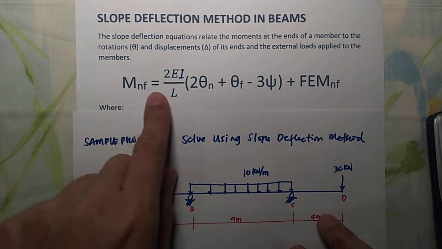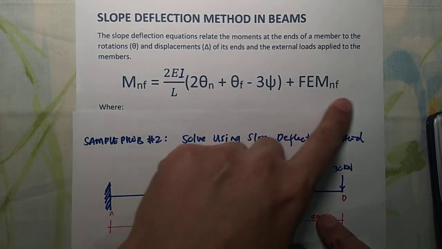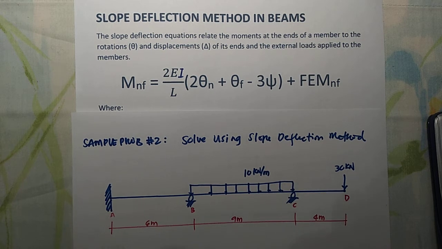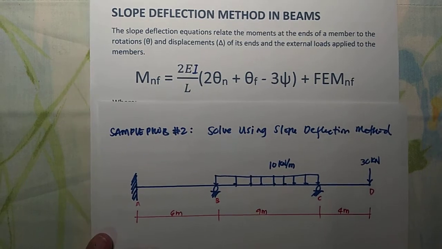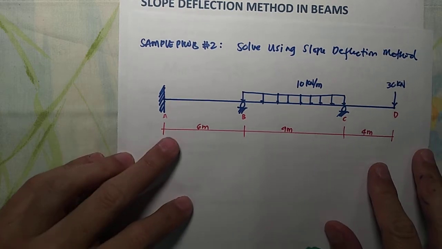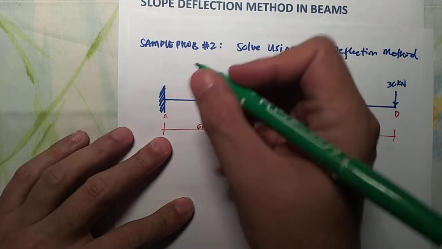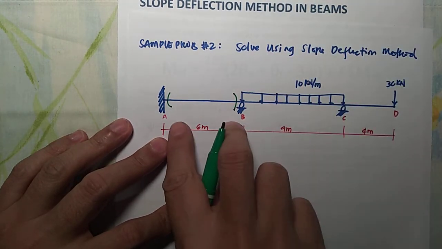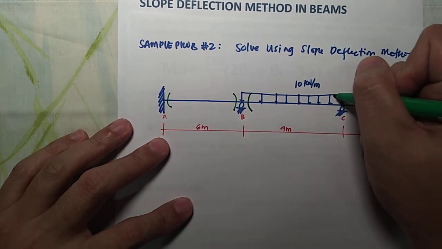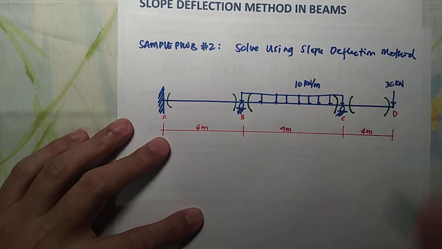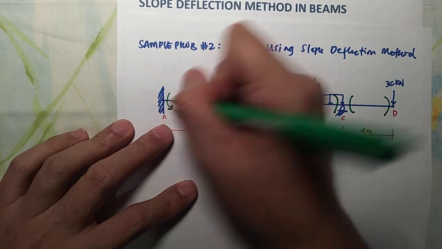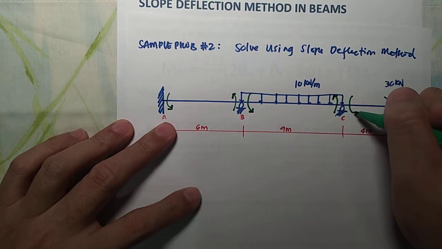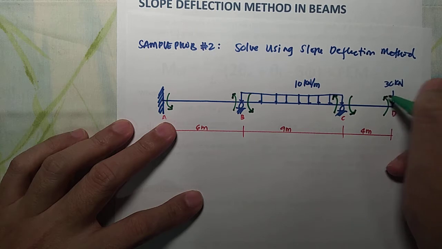Okay, so this is our general slope deflection equation. The first step is to identify the member and moments. So for member AB, we assume that all moments would be positive. Positive means counterclockwise.